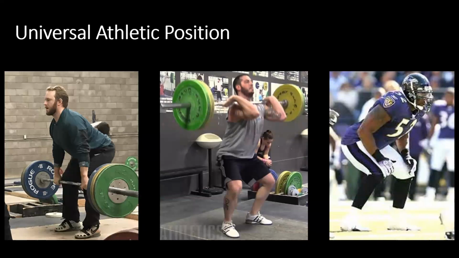We also train this universal athletic position within our strength training movements. So for example, a RDL, a power clean, a squat, a deadlift, we're always really trying to focus on training the posterior chain with our bilateral hinge or squat movement patterns, where we're loading the posterior chain and training it to absorb force and produce force so that we can safely move within our sport and effectively and efficiently move within our sport.